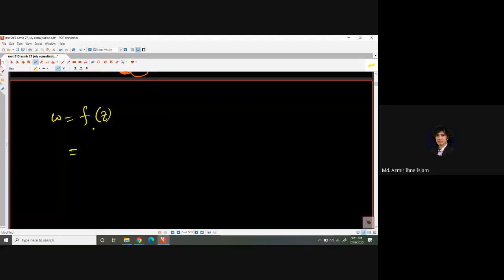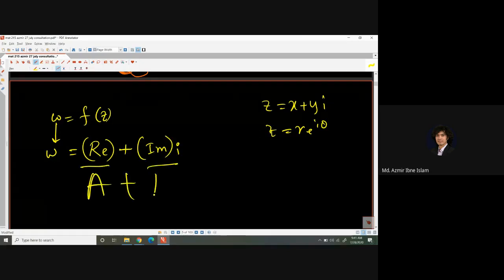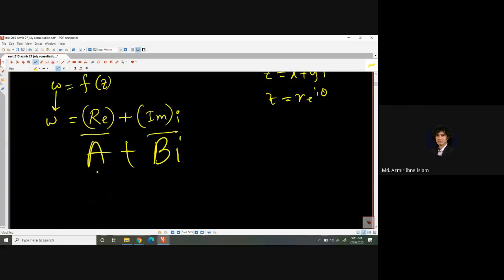Since z can be in x plus yi form, or z can be in r e to the power i theta form, that means finally the output w must also have a real part and an imaginary part. That means it will also be in this form, a plus bi, or we can say it will be in x plus yi.